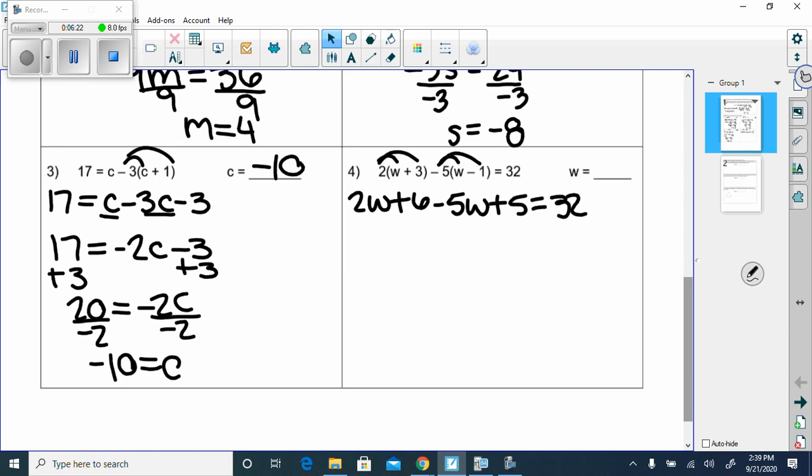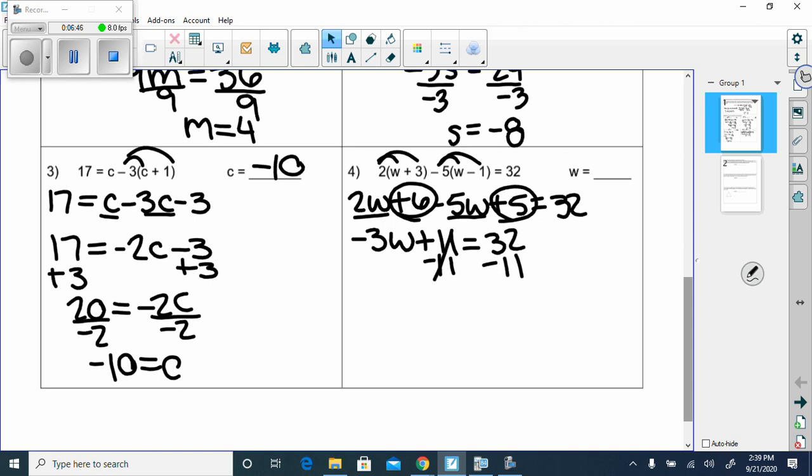Now I can combine my terms. So when I combine my w's, I get negative 3w plus 11, because we have a positive 6 and positive 5, equals 30. Subtract 11 from both sides, which is 21.